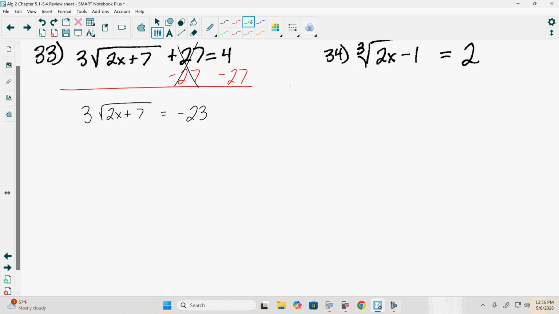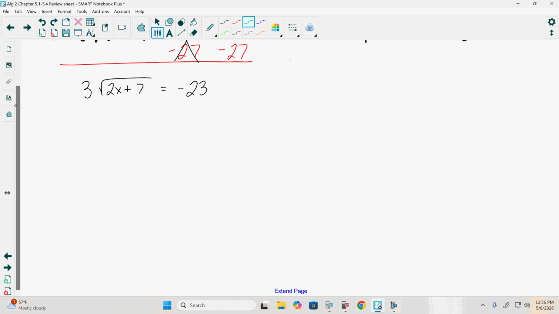Now, as we went over in class, we know that an even root, square root, fourth root, sixth root, cannot equal a negative number. At this point, I wouldn't necessarily throw it out, but it's highly unlikely. Because before we throw it out, we do need to get the radical by itself. So we're going to divide both sides by 3.